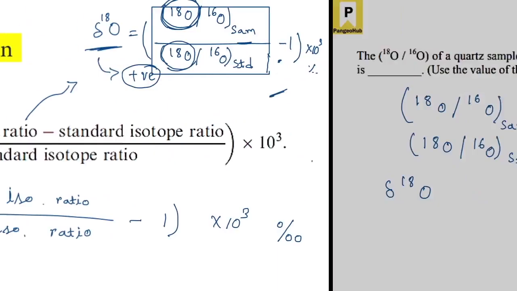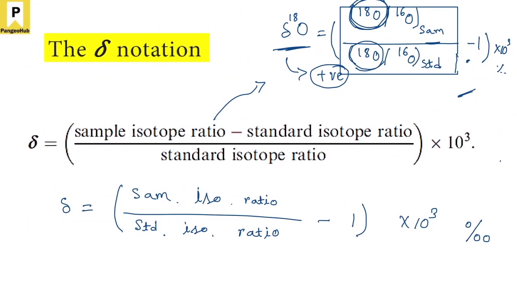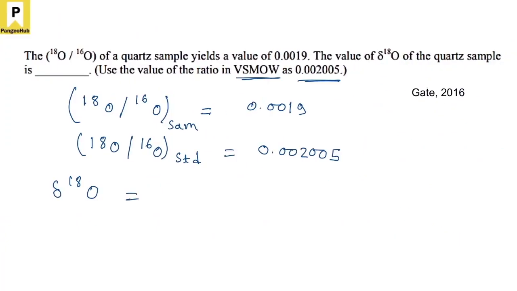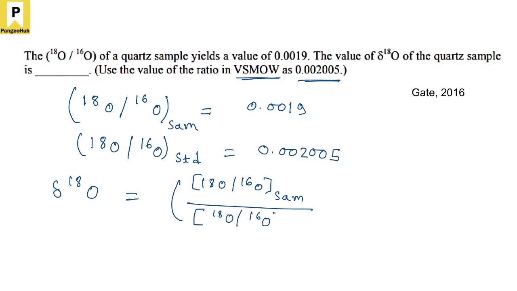We just have to use this formula. This formula states that delta 18O will be 18O by 16O of the sample divided by 18O by 16O of the standard, minus 1, into 10 to the power 3 per mil.